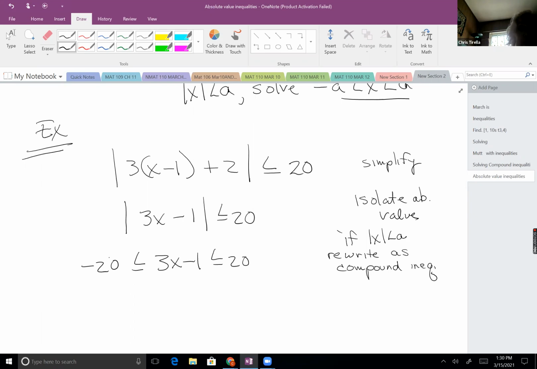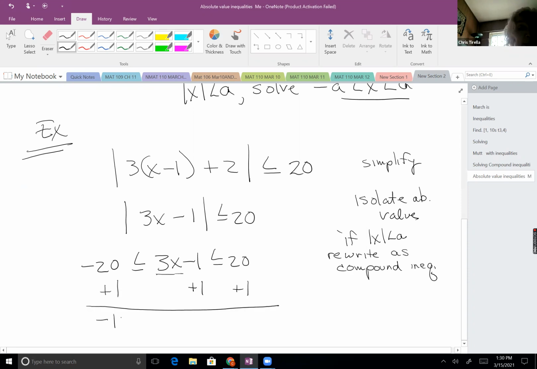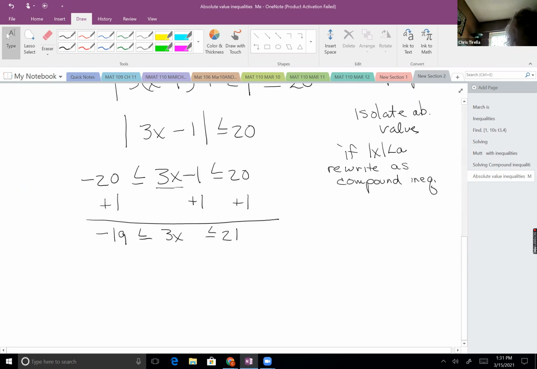And we'll solve that by trying to get that variable alone in the middle of the compound inequality. So here I add 1 to all 3 parts of that inequality, giving me negative 19 is less than or equal to 3x is less than or equal to 21. And then to get the variable all alone in the middle, we need to divide by 3.